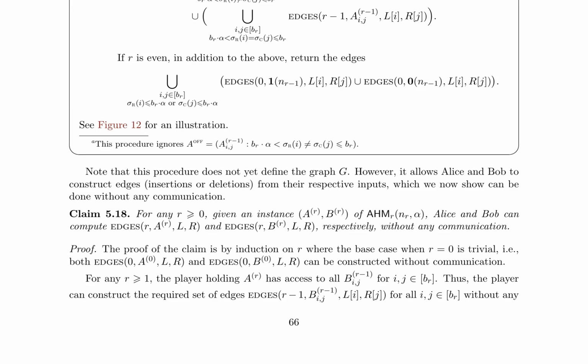For any r greater than or equal to 1, the player holding A_r has access to all B_{r-1}^{i,j} for i, j element of [b^r]. Thus, the player can construct the required set of edges_{r-1}(B_{r-1}^{i,j}, L_i, R_j) for all i, j element of [b^r] without any communication.